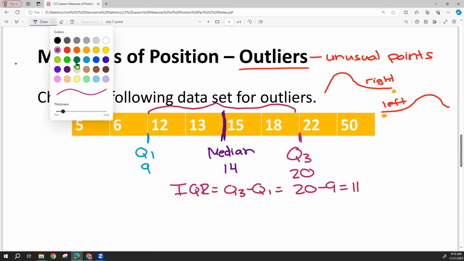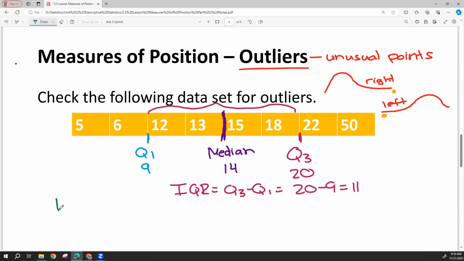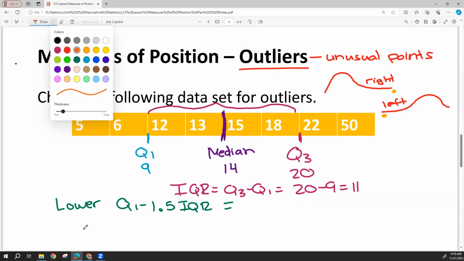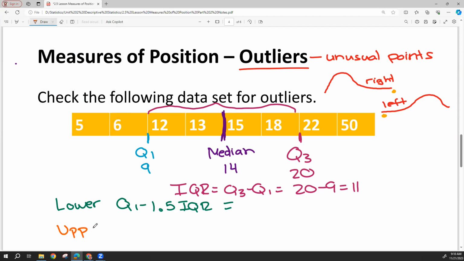The way we do that is by building a lower end fence or boundary. We're going to take Q1 and subtract from it 1.5 times our interquartile range. In order to build our upper fence, we're going to take Q3 and add to it, over here to the right, 1.5 times IQR.